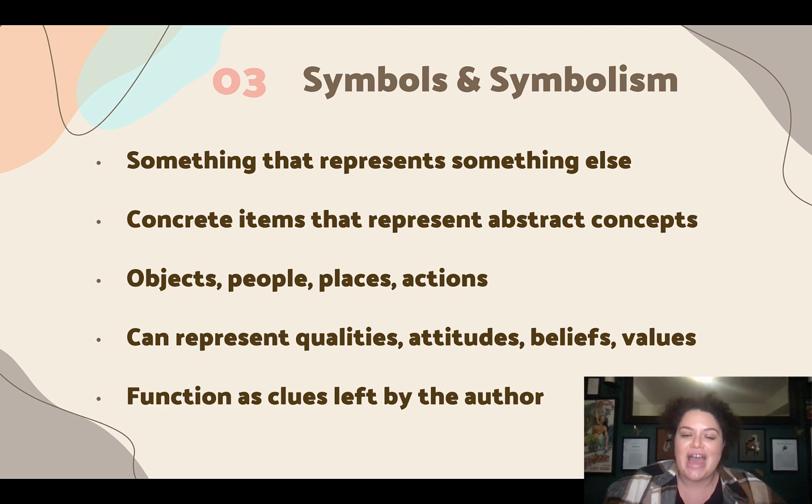Symbolism is the abstract concept that the symbol represents. We talked about clues already, but this is a very commonly used device that authors use as clues for us to figure out the themes or the meanings, or help us create our own interpretations of a text.